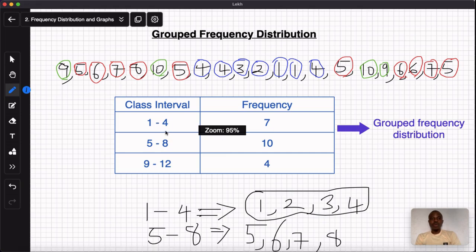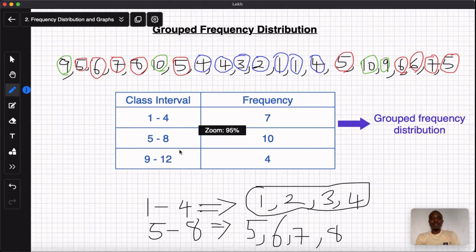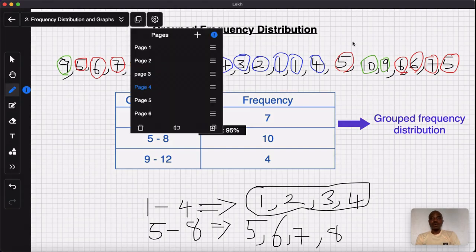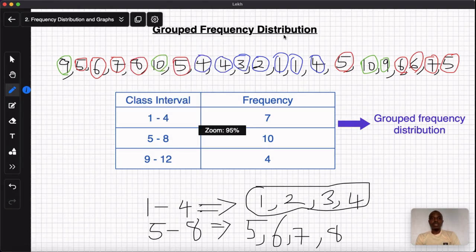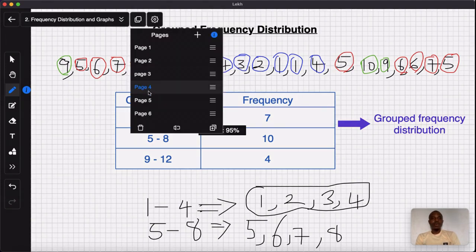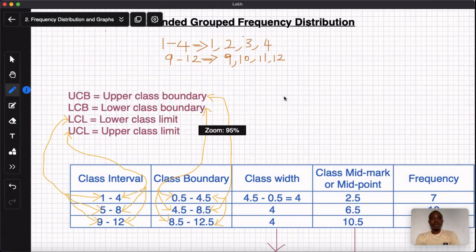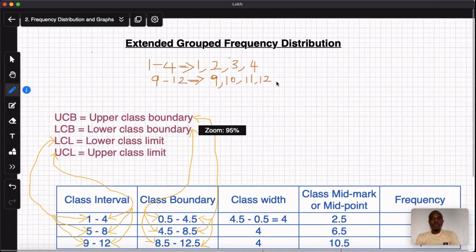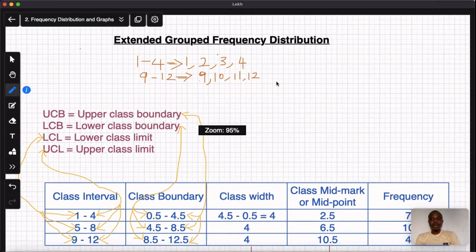So you have a class that consists of a set of numbers, and then you look at how many times they appear, and you count for each of the classes. So for each of the class intervals that we have here, you then have what we call a grouped frequency distribution. Now going on, a grouped frequency distribution may be extended as you can see below.